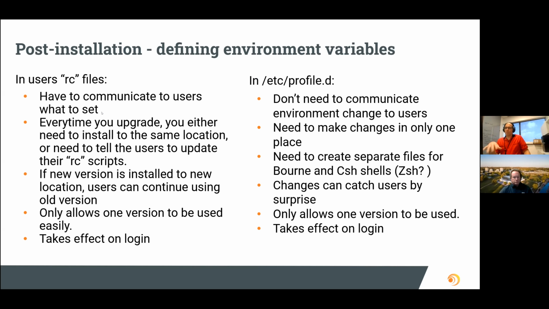Users tend to not read those on a regular basis, so you're going to run into issues. Every time you upgrade, you can either install to the same location, which means the users won't have to update their scripts because everything is still in the same place, so the same environment variables are valid, or you're going to have to tell all the users to update their RC scripts, which is all the same problems you have with communicating what to do in the first place.